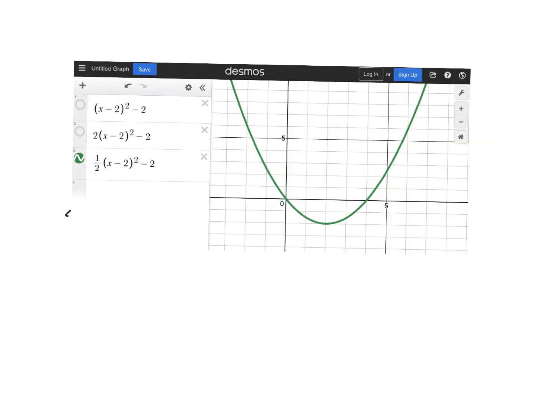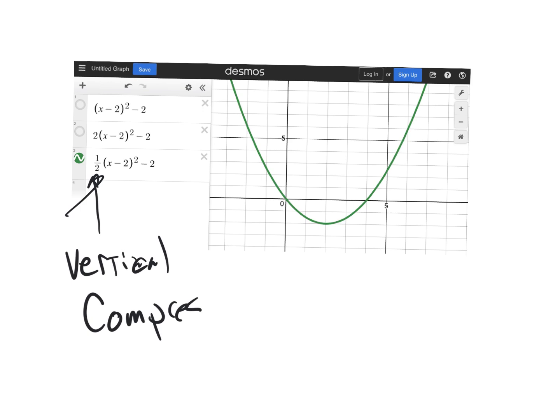And then for this one, using the language of transformations, this has a vertical compression because it's not growing as fast. Compression by a factor of 1/2. Or you could say compression by a factor of 2. That would work too. And just see how that works. If I go over 1 from the vertex, I'm supposed to be going up 1 if nothing's happening, and it's not.